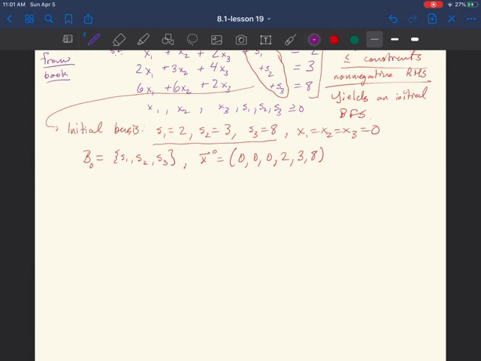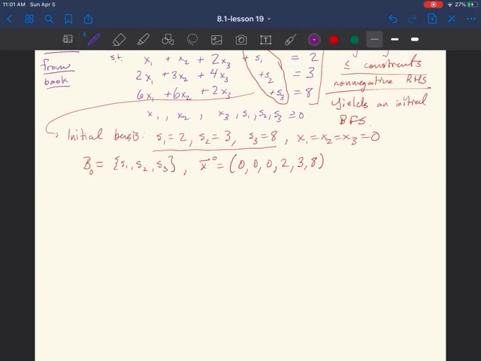Remember, for simplex, we have to compute the directions for the non-basic variables. So let's start with dx1. You think about the non-basic variables, these fellows here, and you know the components of any simplex direction for those.